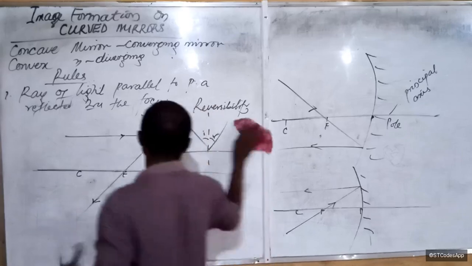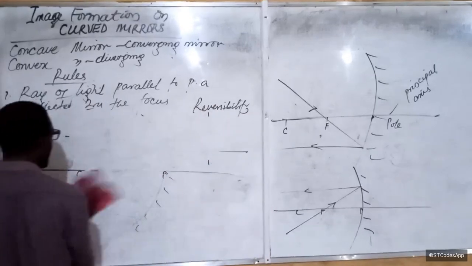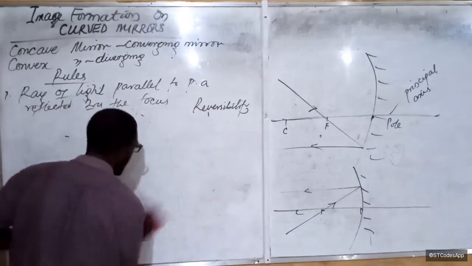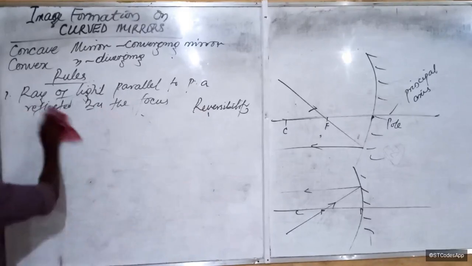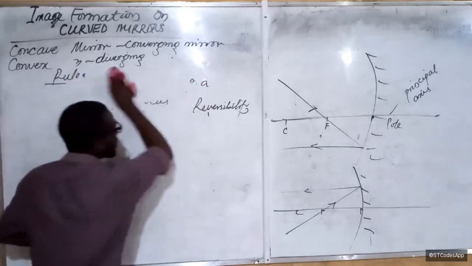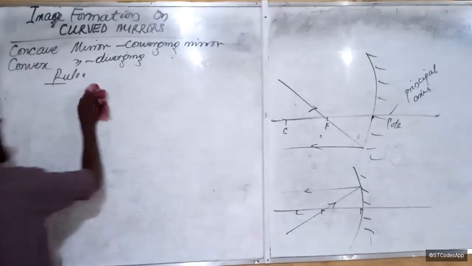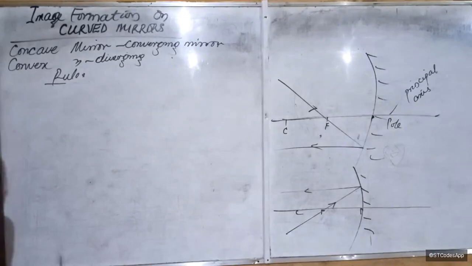Now let's take the third rule. Note that for each image you are going to be drawing, for each diagram that you are going to be producing, you are going to use at least two of those rules.